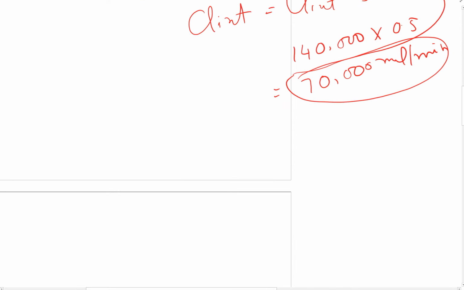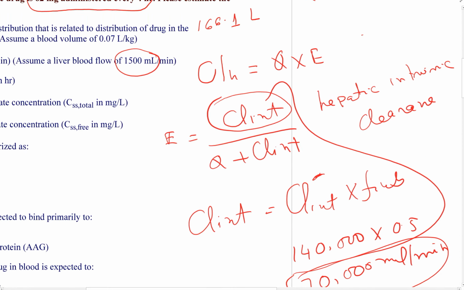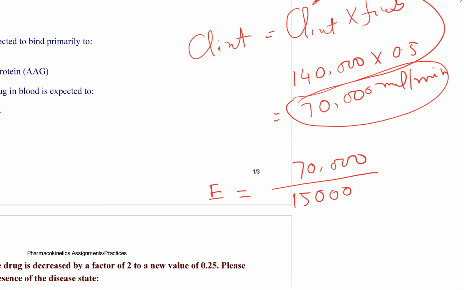So E is equal to CLINT, which we know is 70,000, divided by Q, 1500 milliliter per minute, plus 70,000.